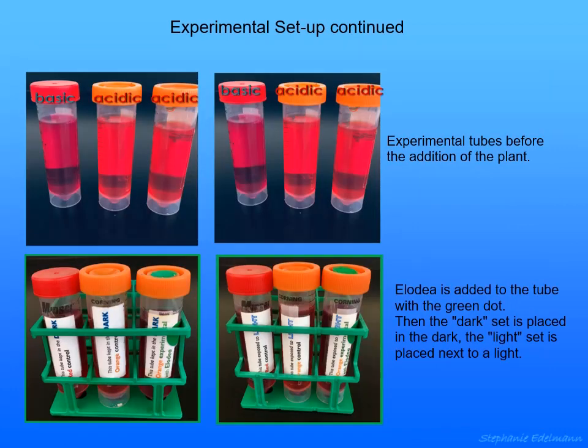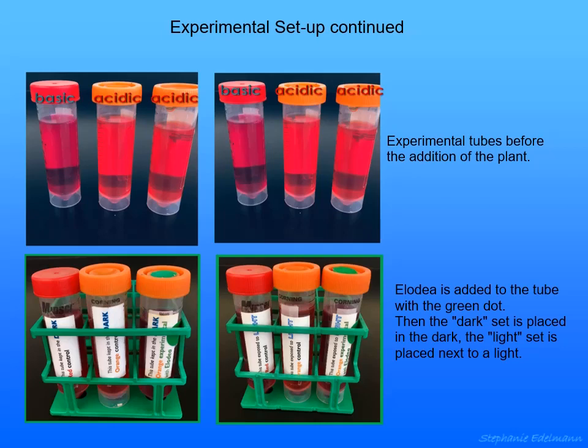So here you see what our tubes would look like. On the top, you see the 2 sets, the way the solutions look. The basic is on the left, the acidic is on the right. So the acidic is the one that has the extra CO2 in it. And then on the bottom, you see the 2 racks. The rack on the left is going in the dark.